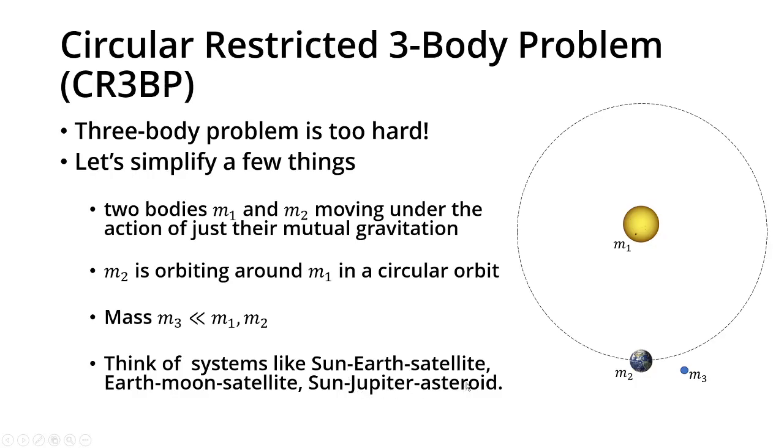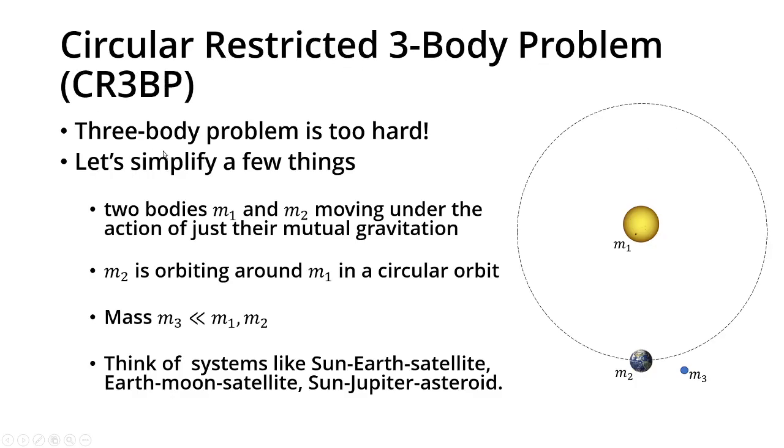That is also a three-body system. We look into two massive bodies and one body with negligible mass compared to those two. We usually call this CR3BP, the circular restricted three-body problem.